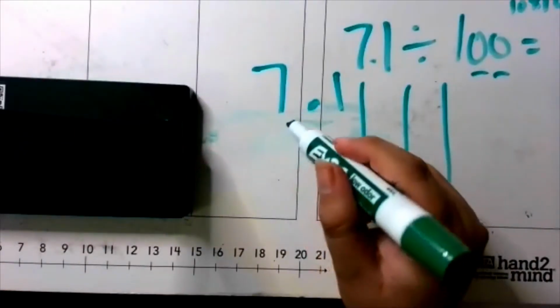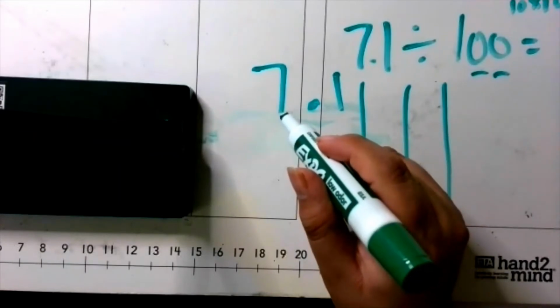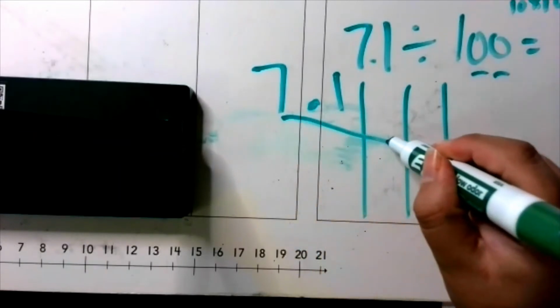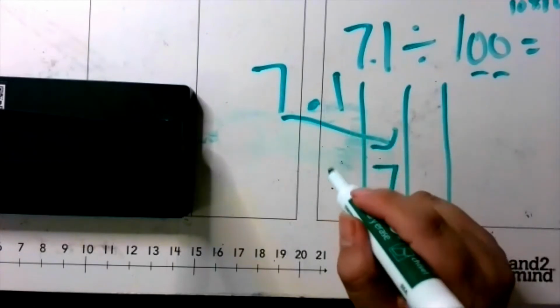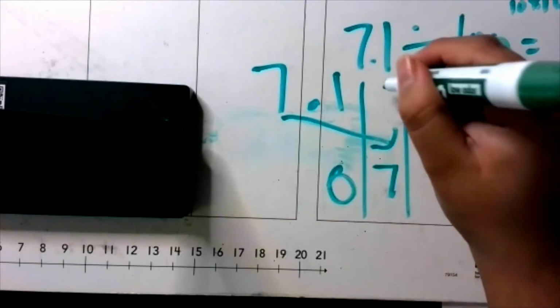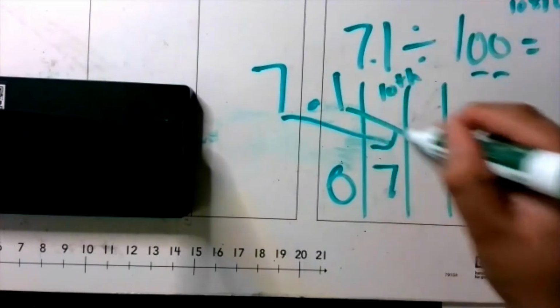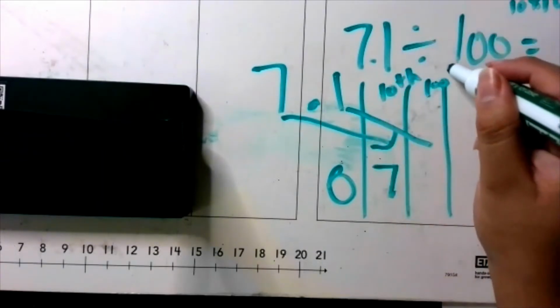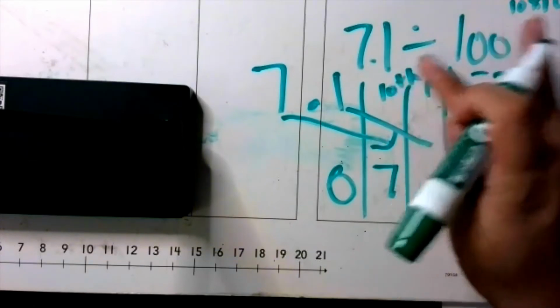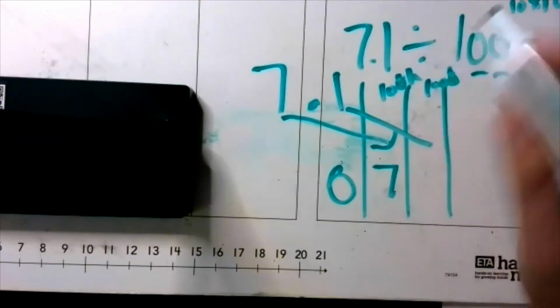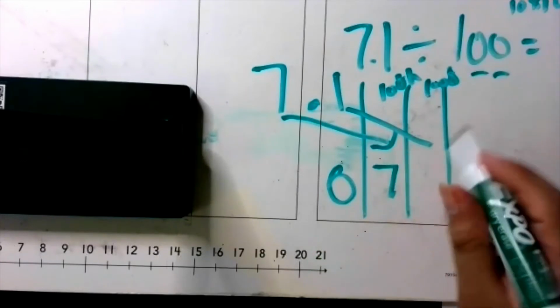All right, so we're going to start with the 7. I like starting with a bigger number first. So I'm going to shift it over 2 times. So my 7 is now in the hundredths place, and my 1 is going to be in the thousandths place. Sorry, everyone.